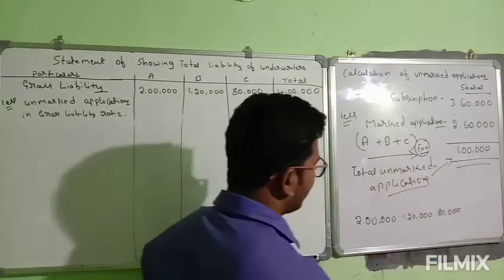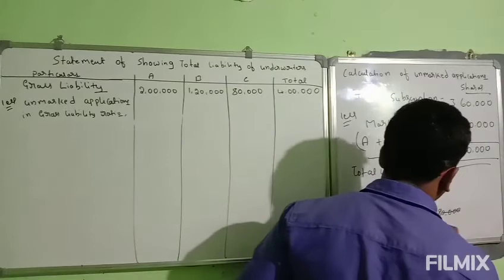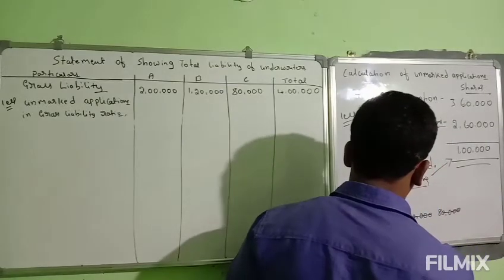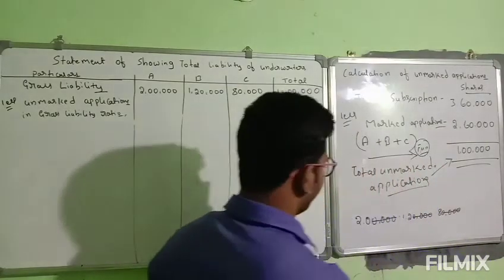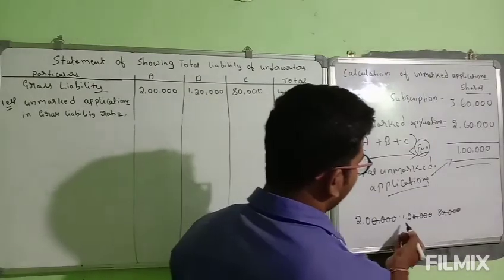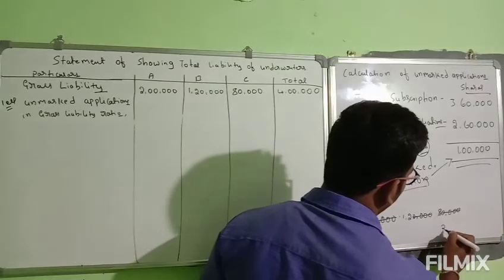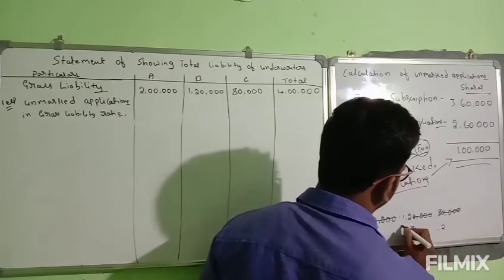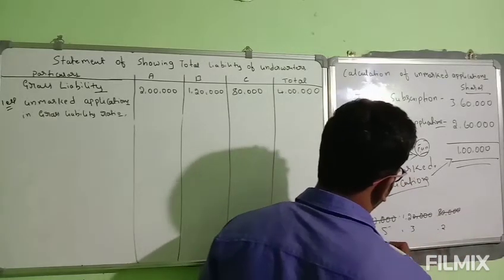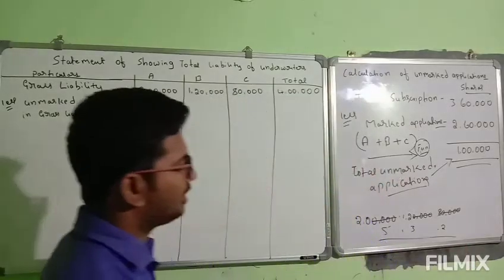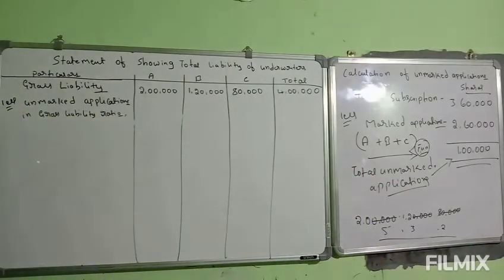There are 4 zeros common in all the values, so cancel 4 zeros each. Remaining is 20 is to 12 is to 8. You can take the table of 4: 4 2s are 8, 4 3s are 12, 4 5s are 20. So 5 is to 3 is to 2 is the gross liability ratio.